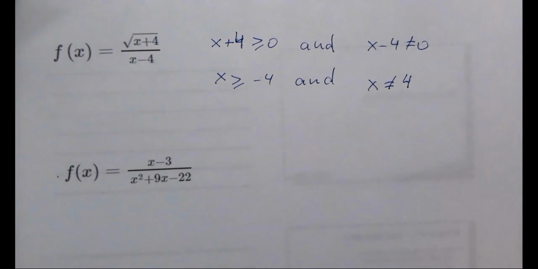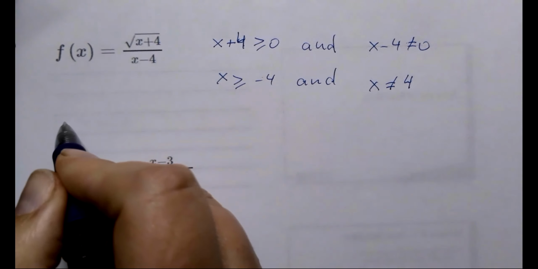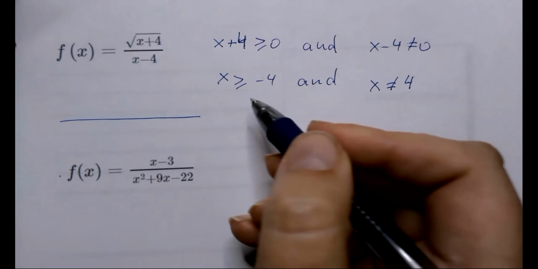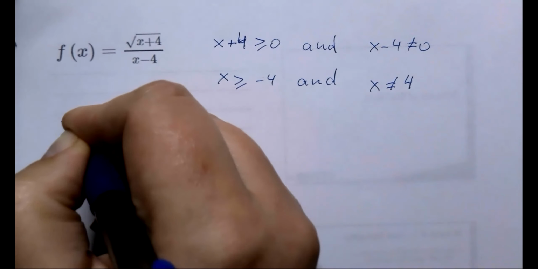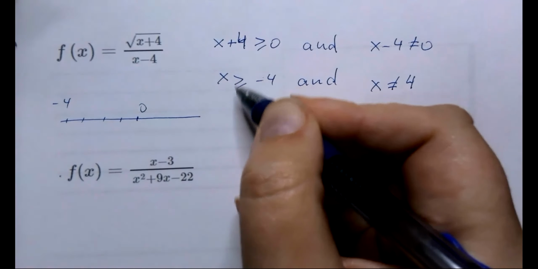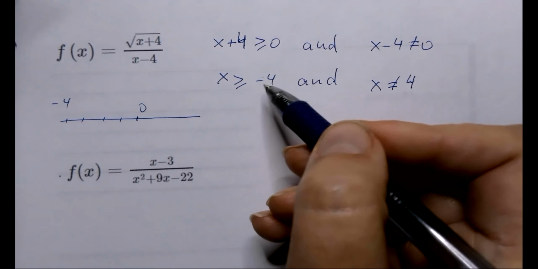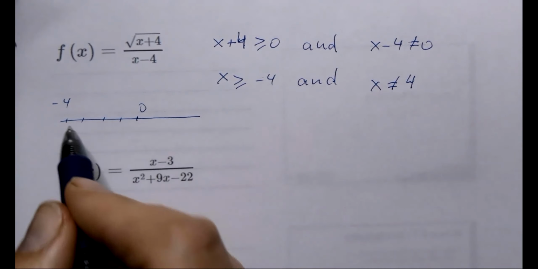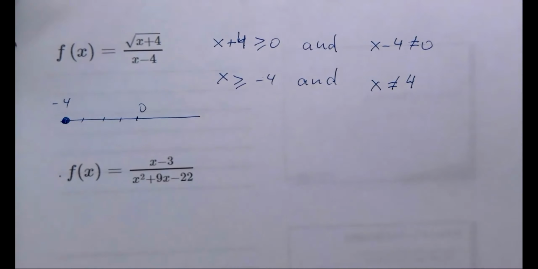All right, so what does it look like? If we were to graph x is greater or equal to negative 4, we have 1, 2, 3, 4 right here. It says that x is to the right of negative 4, and we're including negative 4.